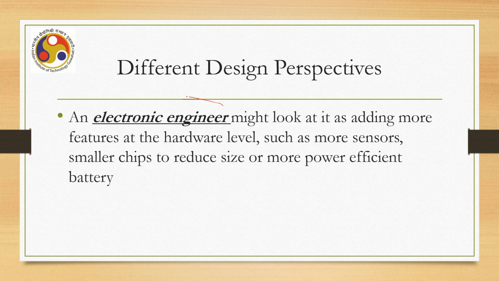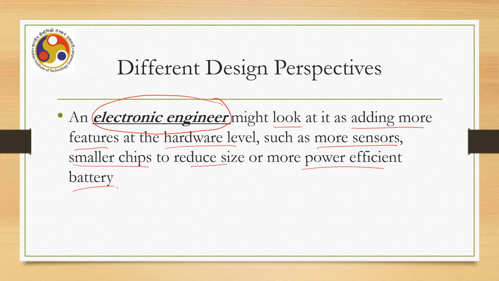For an electronic engineer, the third type of designer, they might look at it as adding more features at the hardware level, such as more sensors, smaller chips to reduce size and more power efficient battery, primarily from the hardware point of view.